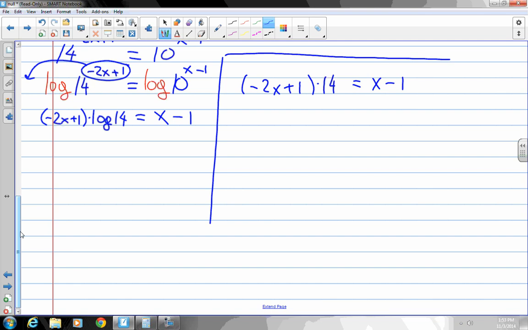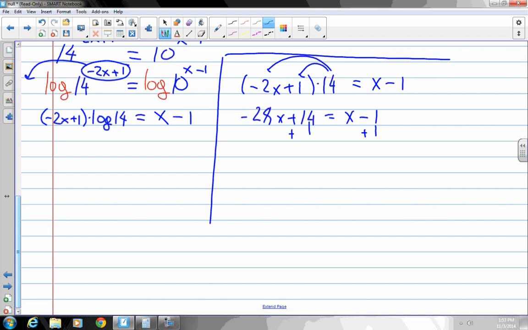The way we solve linear equations, we group the variables on one side and we move the constants to the other side. So distribute 14, so negative 28x plus 14 equals x minus 1, right? Yeah. What are you going to do now? Just on the simple equation. Add 1.